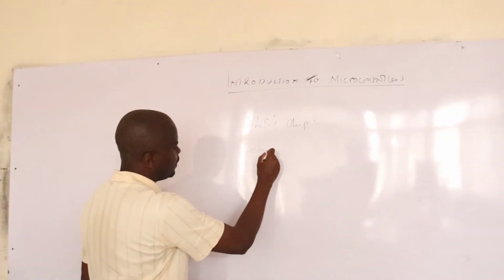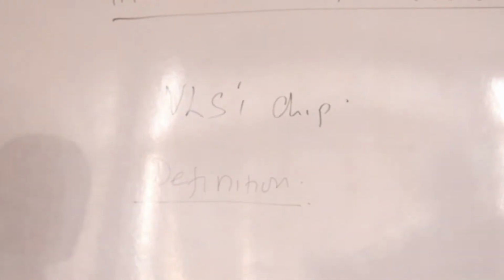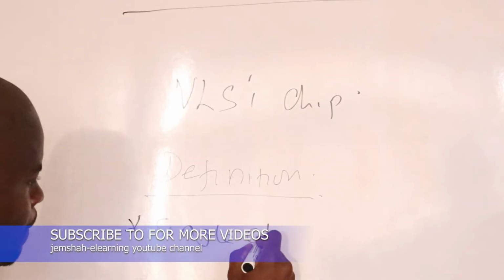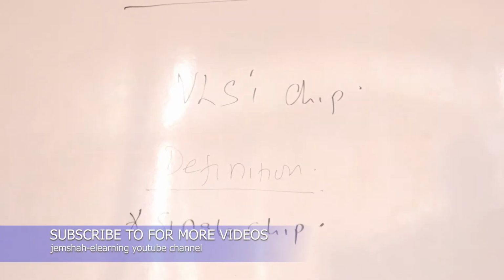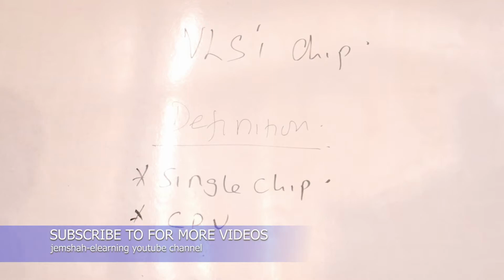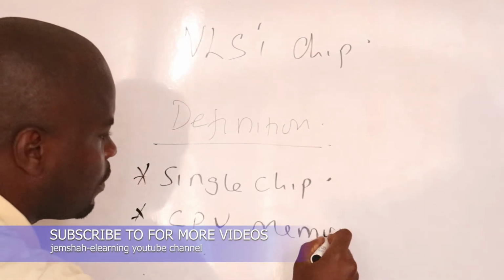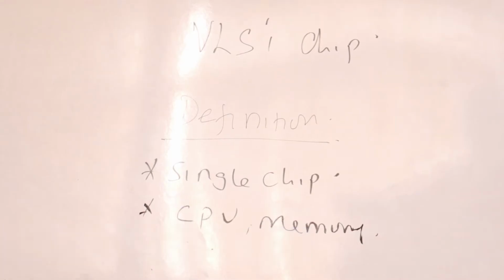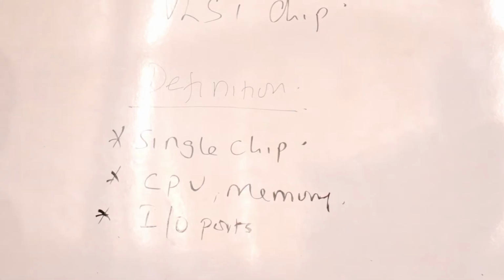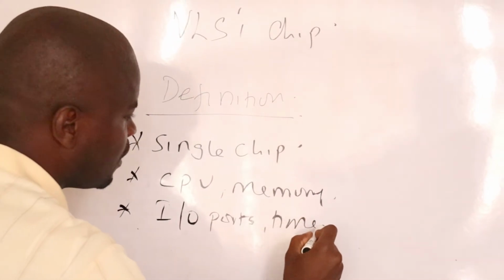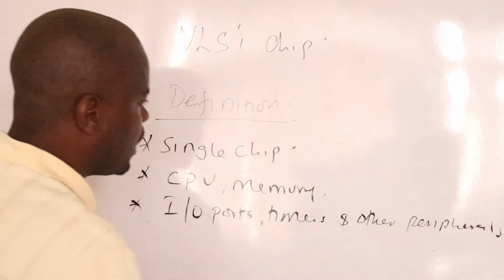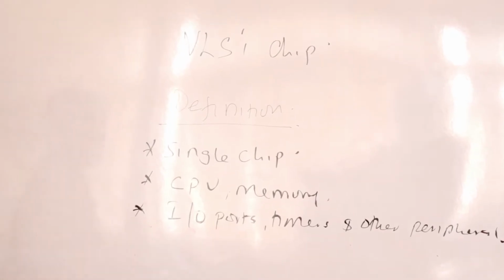One is that it is a single chip, and it consists of the CPU and the memory, and it also has the I/O ports, that is the input-output ports, timers and other peripherals.